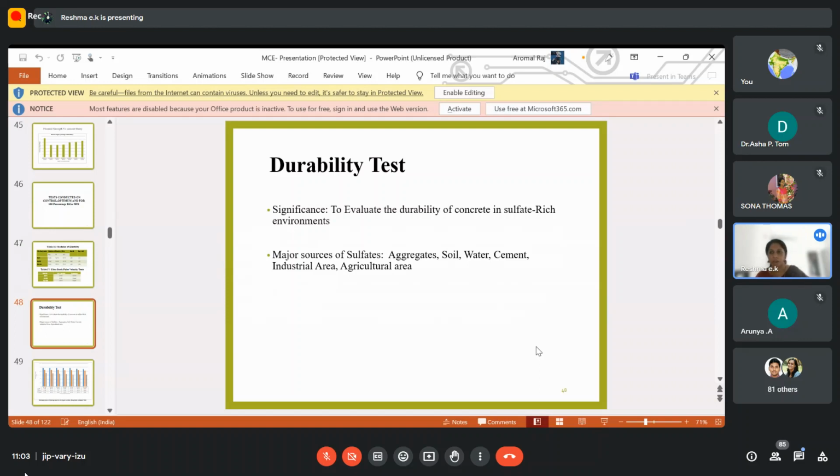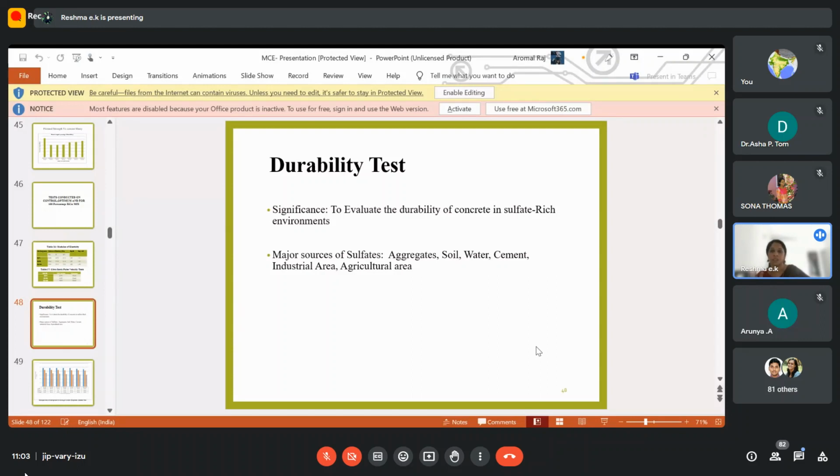So I searched for papers where they have not touched much on some particular test. Obviously, many people might have done it, but still fewer. I felt that I had to do this particular test, so I took the sulfate attack test. The sulfate attack test can be done in many ways, using magnesium sulfate as well as sodium sulfate. I went through some literature on the best way to simulate the field conditions.